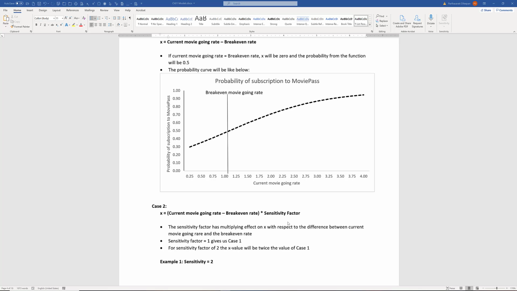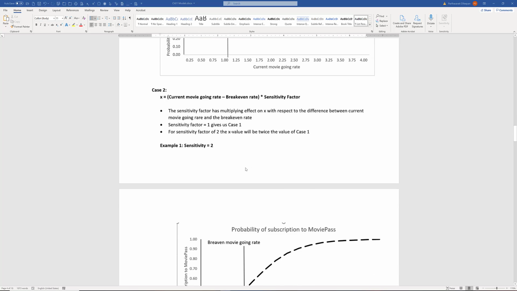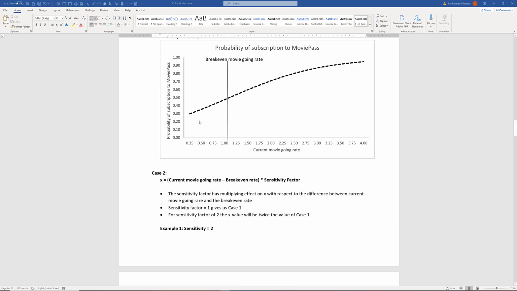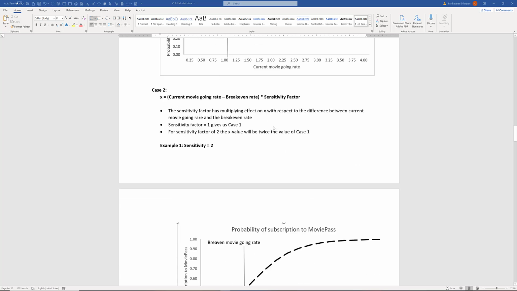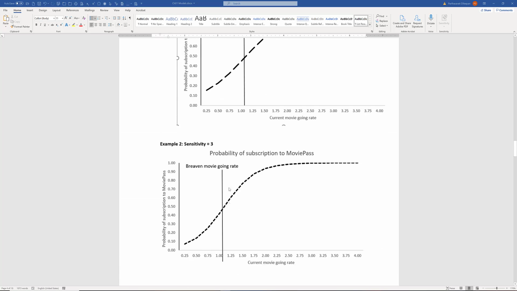So sensitivity has to be greater than 1. Reasonable logic says it has to be greater than 1. So if it is 2, then it's going to be like that. So you do get some accelerated increase in probability around the break-even rate. And if it is 3, it's even more steep.